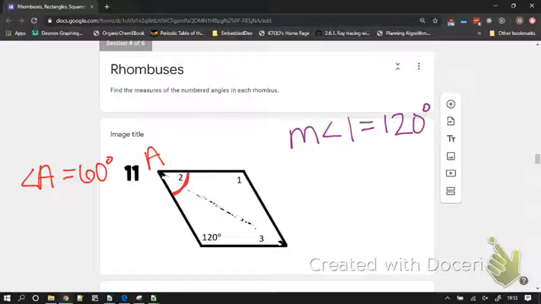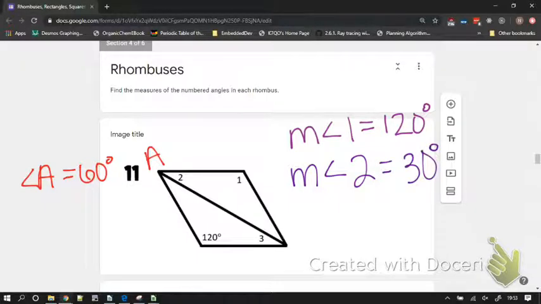All right, so then let's act like the diagonal is there. Let's bring it back. Because this is a rhombus, the diagonals bisect pairs of opposite angles. So if this whole angle at A is 60 degrees and the diagonal bisects it, that means that angle 2 has to measure 30 degrees.